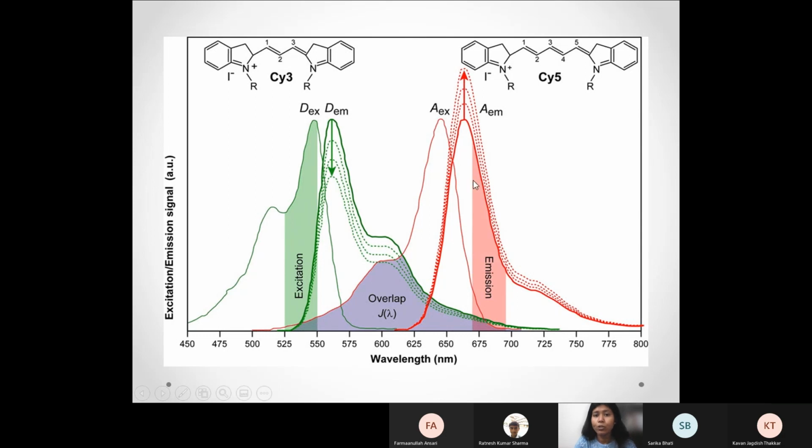But the emission from molecule 2 would increase because now you have more energy transfer taking place. So instead of seeing these photons, you would end up seeing more of these photons. So as the distance between the two fluorophores keeps decreasing, you would see a gradual decrease of this emission and a gradual increase of this emission.